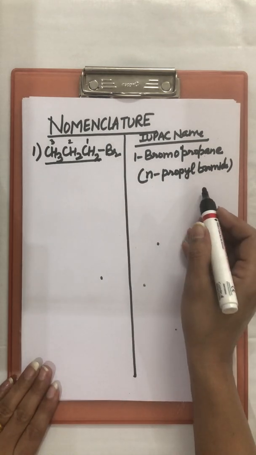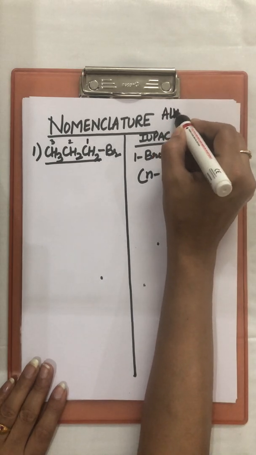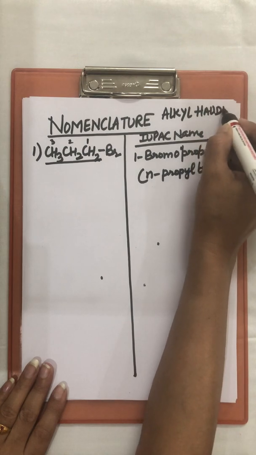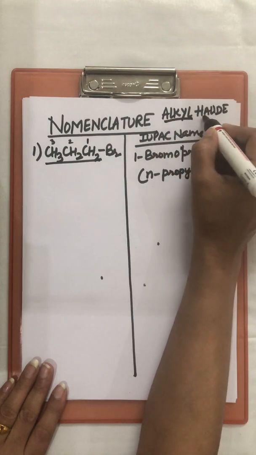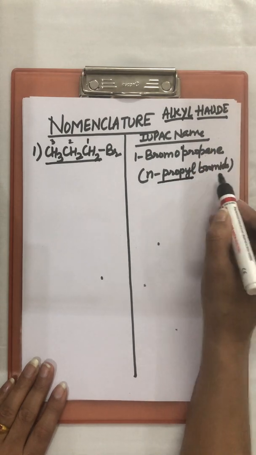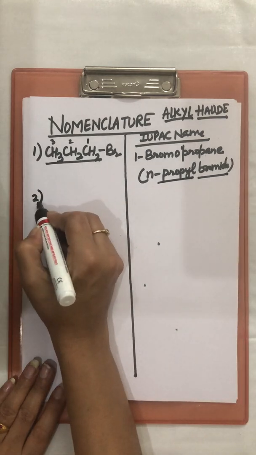The common name of haloalkanes is written from a word alkyl halide. First we write the alkyl and then we write the halide term. So first is alkyl and then is the halide here.